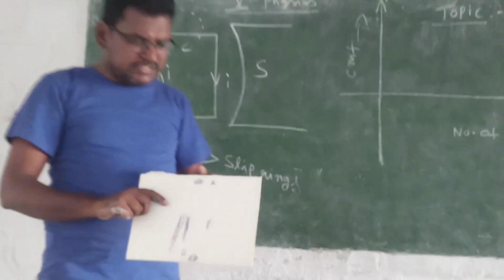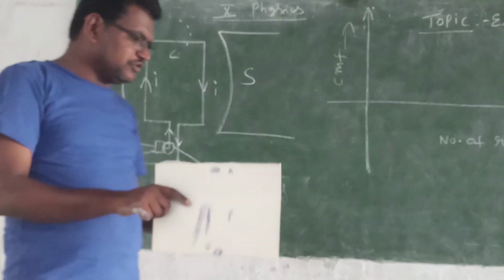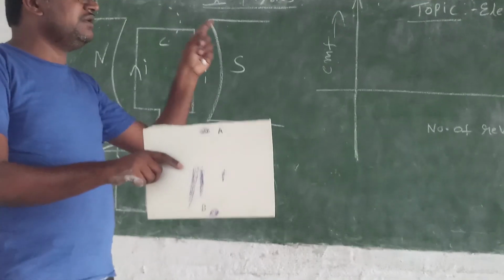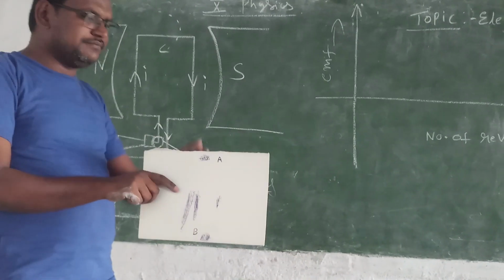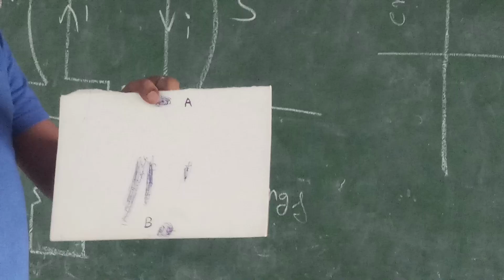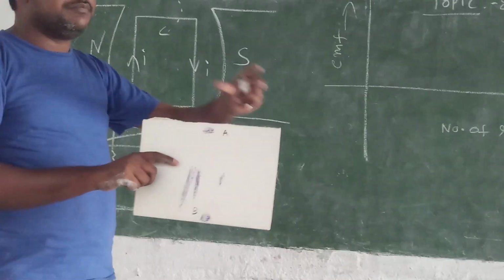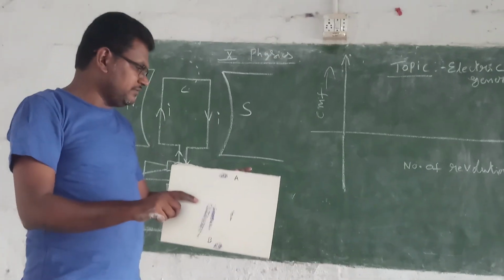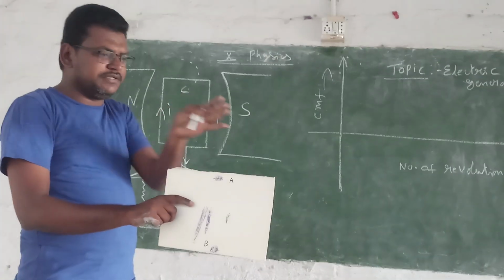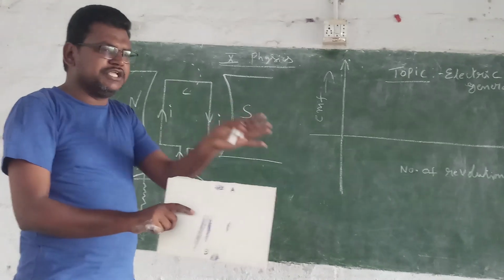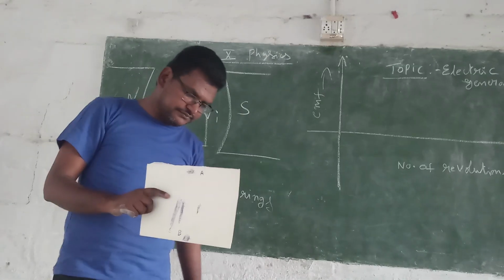Let's take this orientation. Assume here there is a north pole of a magnet and here there is a south pole of a magnet, and there is a uniform magnetic field in this direction.